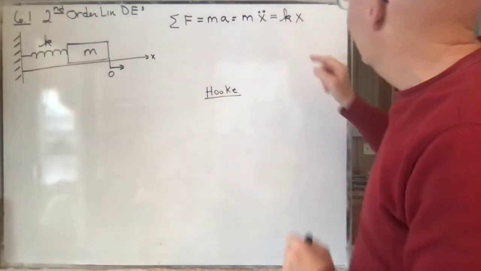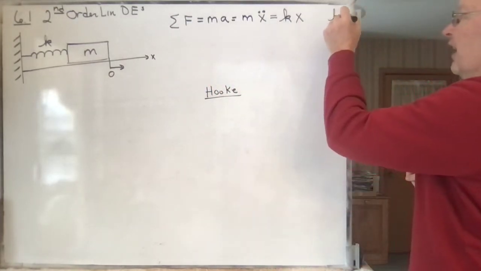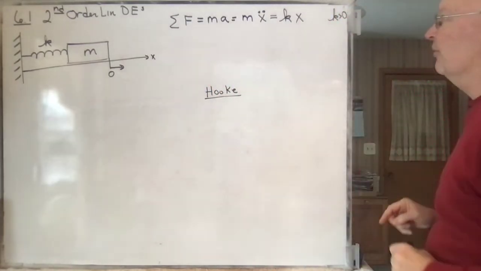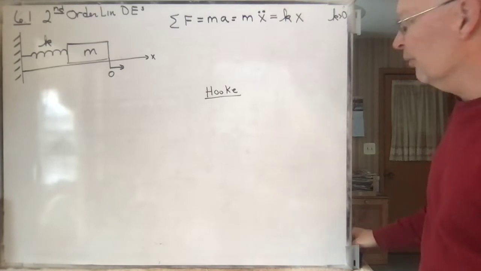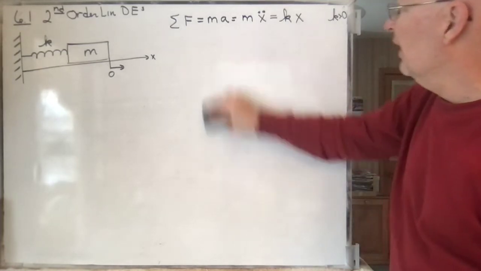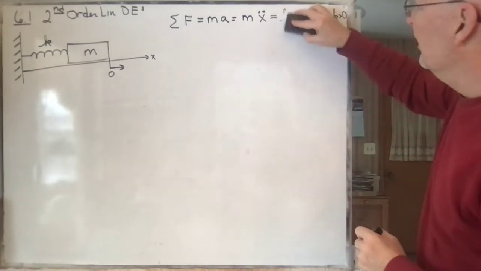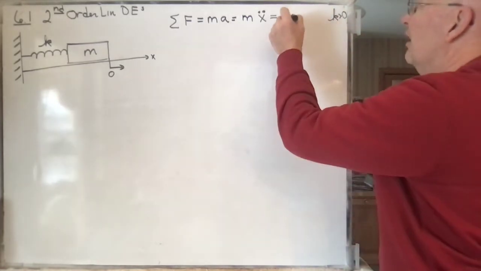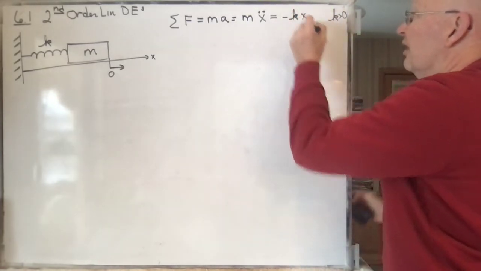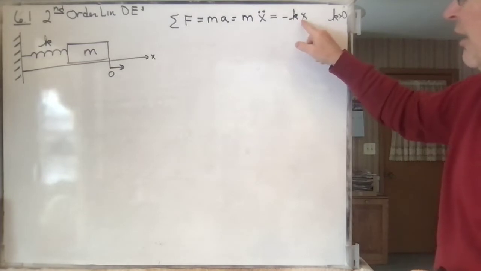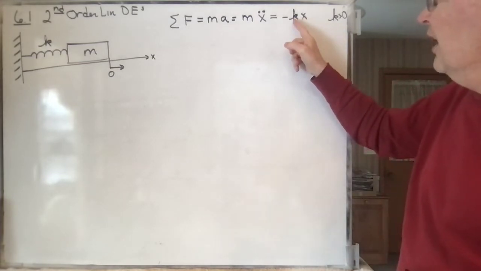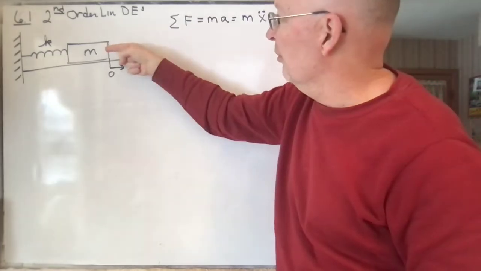So if we want k to be positive, and I always like my constants to be positive so I don't have to remember which ones are positive and which are negative, then it looks like we're going to need a negative kx. So let's just check it again. When x is positive, x times this is going to be negative, so the force is going to be this way.